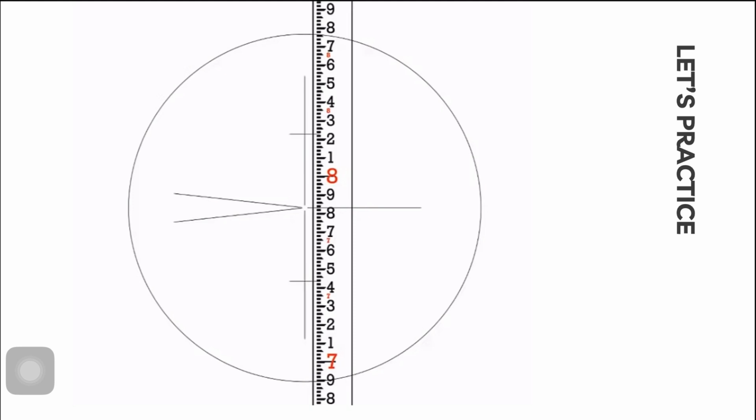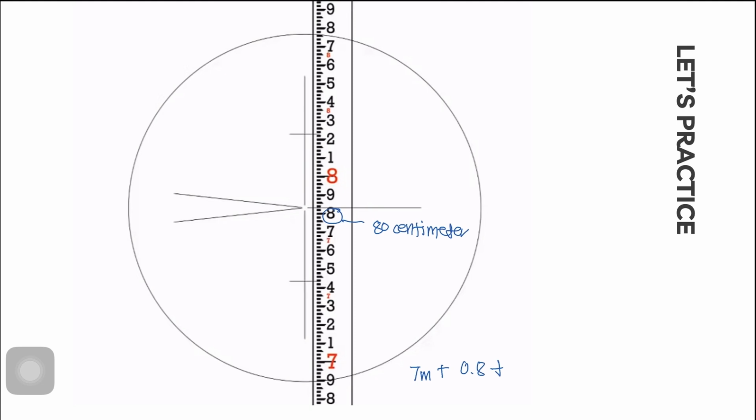Then another rod reading. So we have this one. The reading is 7 meters plus this one is read as 80 centimeters, or 0.8 meters, plus the horizontal crosshair cuts at the bottom line.